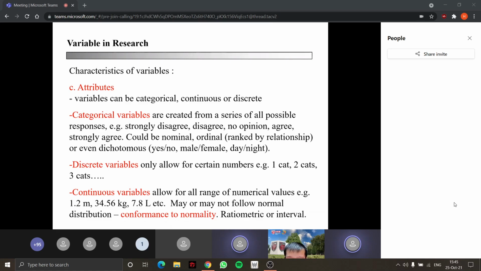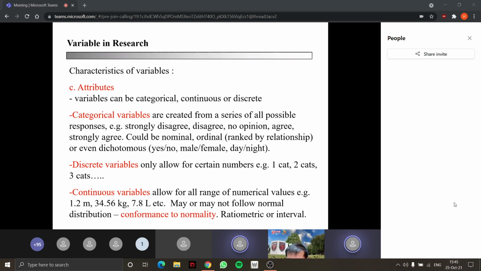For me, in this case, attributes mean whether the data can be categorical, discrete, or continuous. Okay, what is categorical? Categorical is something like what I've already illustrated here: yes, no, male, female, day, night, young, kitten, juvenile, adult, senior. Those are categorical.